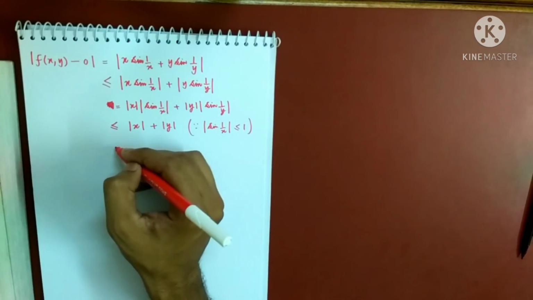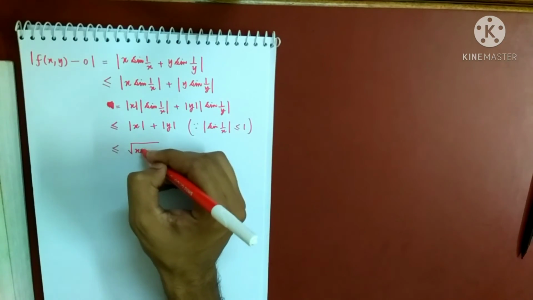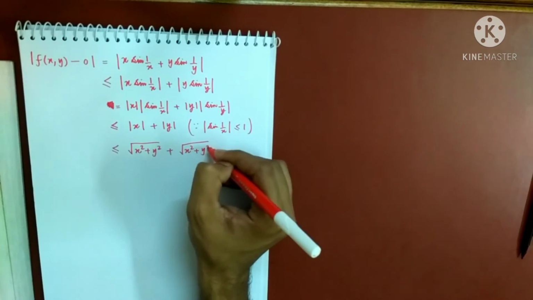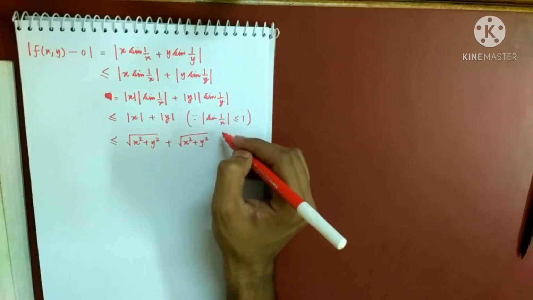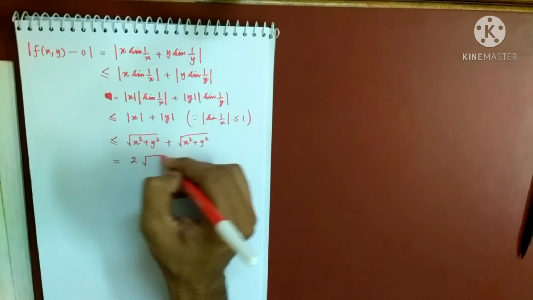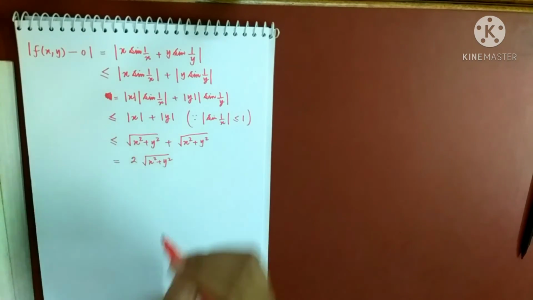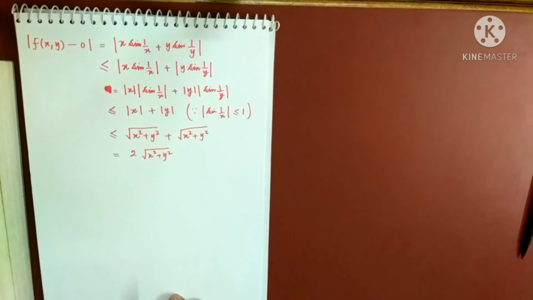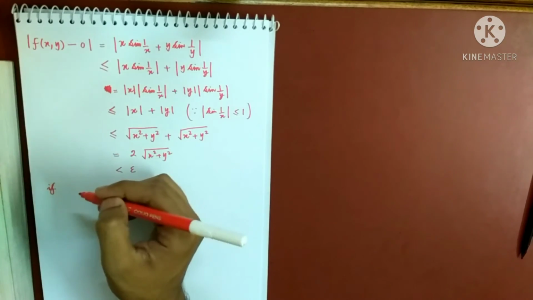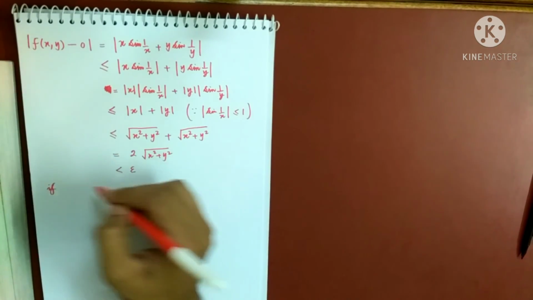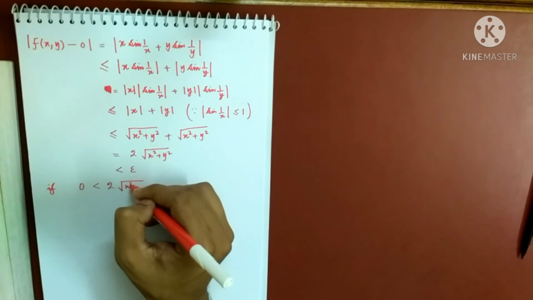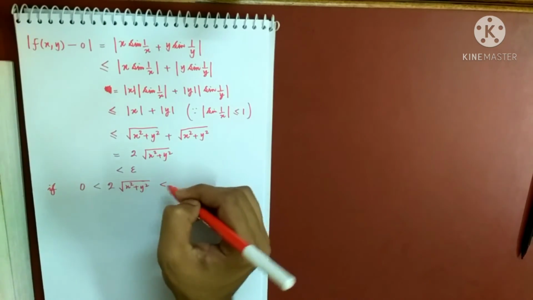Now what Rajiv said is exactly correct. This is less than or equal to root over x square plus y square plus root over x square plus y square. You again write the reason here, since mod x is less than or equal to root over x square plus y square. This is nothing but 2 times root over x square plus y square, and we are getting the same thing. So this is less than epsilon if 0, definitely 0, less than 2 root over x square plus y square is less than epsilon.